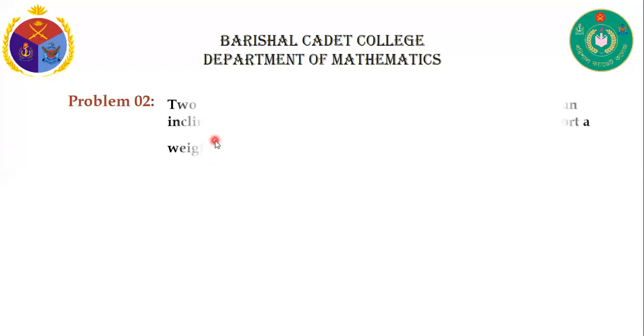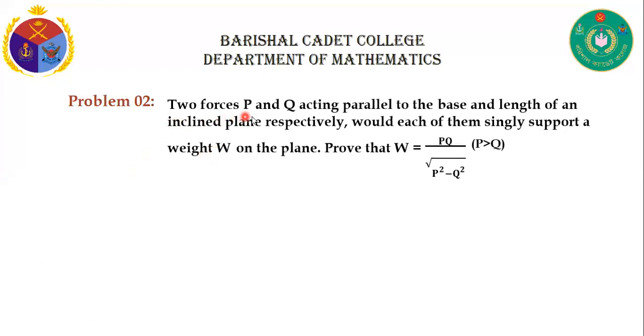Okay, now problem 2. If two forces P and Q acting parallel to the base and length of an inclined plane respectively, would each of them singly support a weight W on the plane?